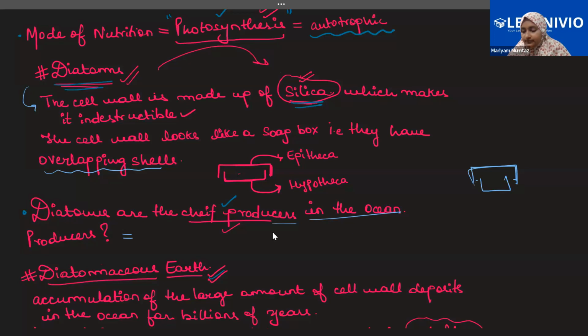Producers are those organisms that are autotrophic, meaning they make food for the entire place where they live in, whether it is the land or the water. On land, the producers are plants. In water, the producers are diatoms. Clear?